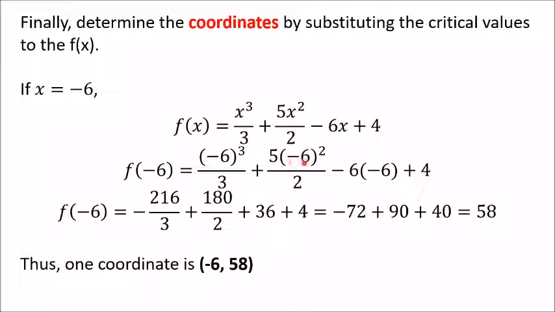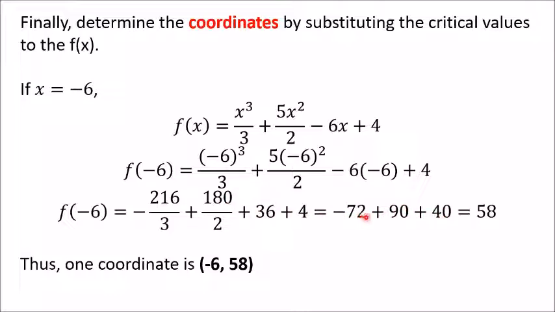And then this one, negative 6 squared is 36 times 5 is 180 over 2. Plus, this one. Negative 6 times negative 6, so it became positive 36. And then plus 4. Then simplify. Negative 216 over 3 is negative 72. 180 over 2 is 90. And then 36 plus 4 is 40.